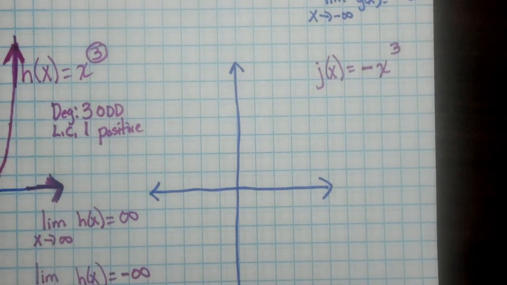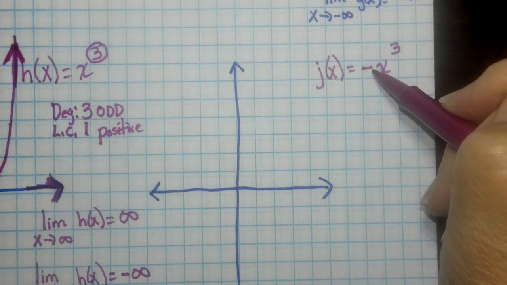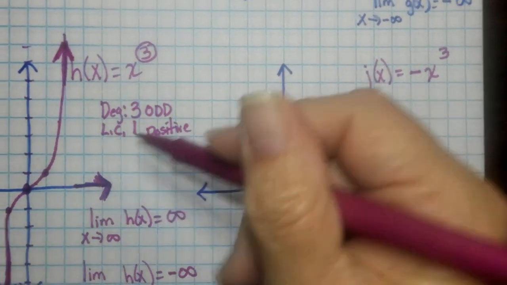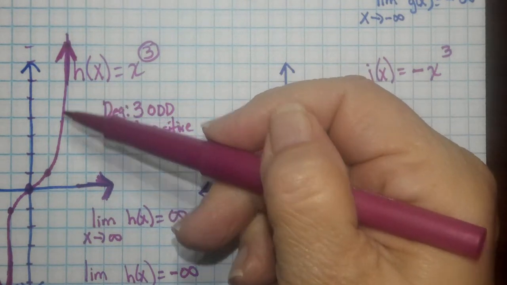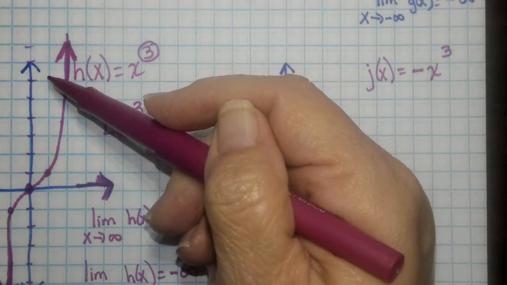So from transformations, if you multiply by a negative in front, what happens to the function? Reflection over the x-axis. So imagine this function over here reflected over the x-axis. This is going to reflect down. Meanwhile, this branch is going to reflect up.